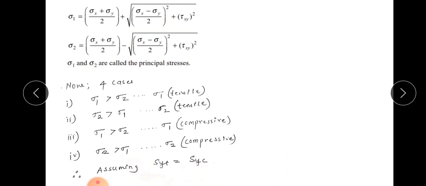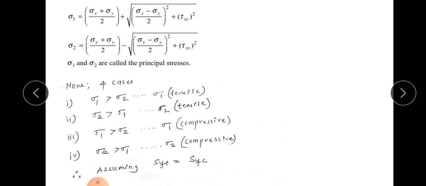The third case can be sigma 1 greater than sigma 2, where sigma 1 will be compressive. And the fourth case you can consider is that sigma 2 is greater than sigma 1, where sigma 2 is a compressive stress. So once we take sigma 1 greater than sigma 2, once we take sigma 2 greater than sigma 1, once we take sigma 1 tensile, once sigma 2 tensile, once sigma 1 compressive, once sigma 2 compressive.